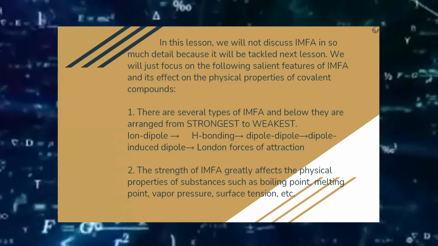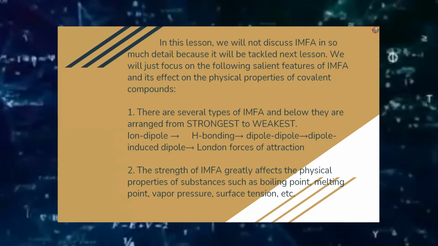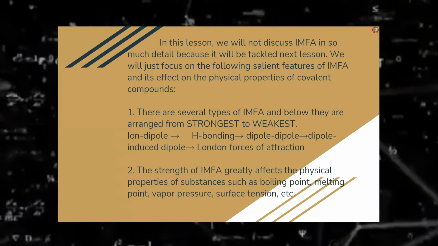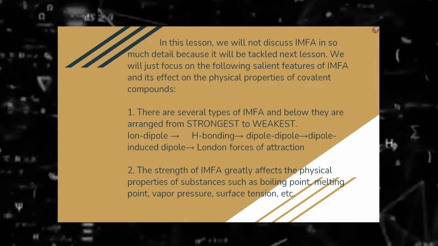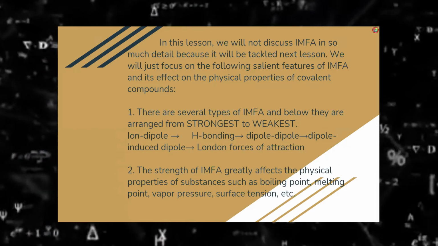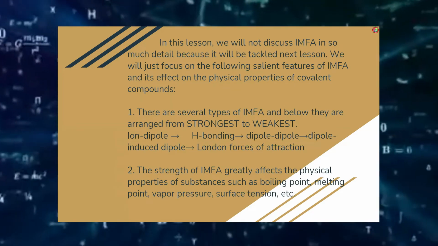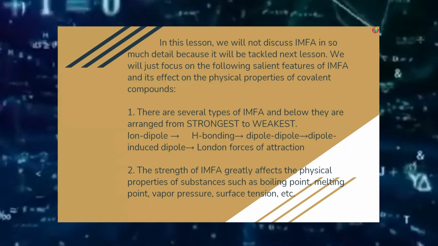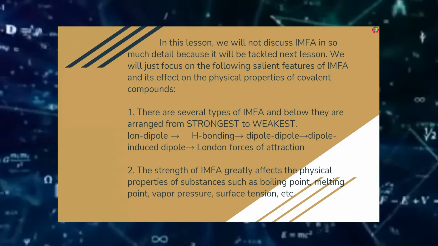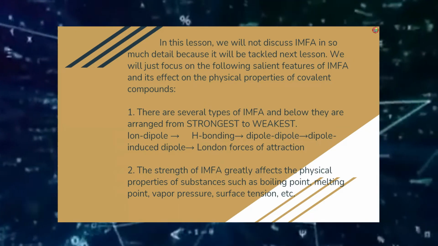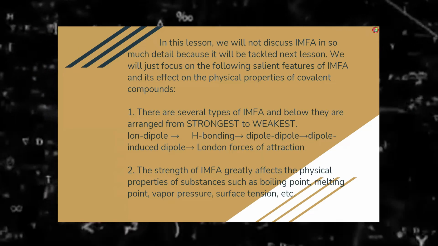We will just focus on the following salient features of IMFA and its effect on physical properties of covalent compounds. 1. There are several types of IMFA, and below they are arranged from strongest to weakest: ion-dipole, H bonding, dipole-dipole, dipole-induced dipole, London forces of attraction. 2. The strength of IMFA greatly affects the physical properties of substances, such as boiling point, melting point, vapor pressure, surface tension, and so on.